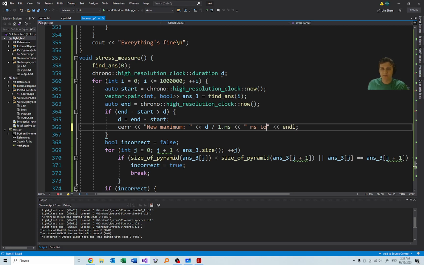And let's make some side effect, or else it will optimize out, to get the answer once 3 dot size at least.